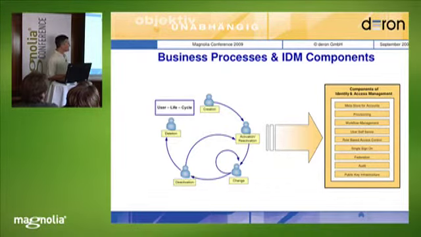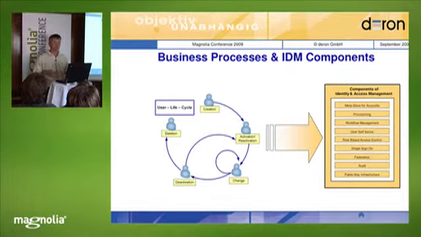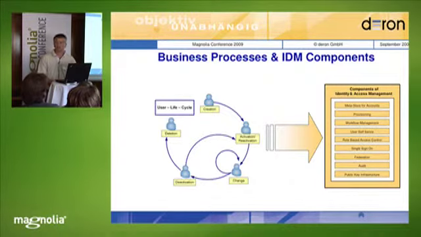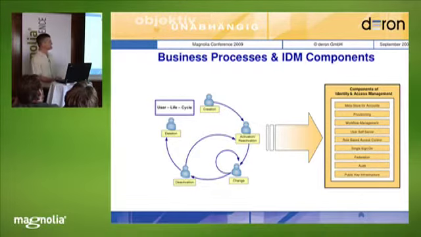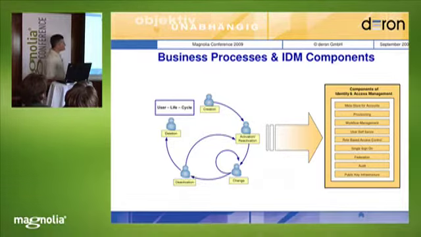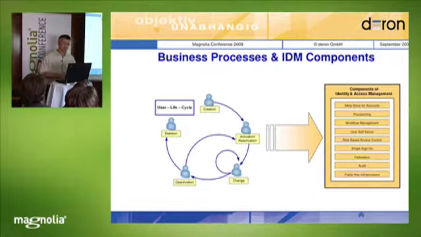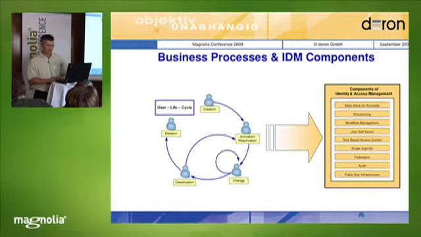Now, we have provisioning modules which create these accounts, or for example, for the deactivation and deletion process, which removes or disables the accounts. Then we need a workflow module for these applications, for the approvals.